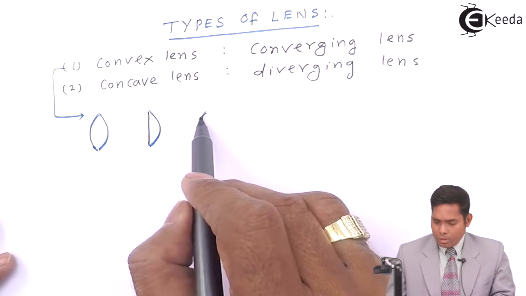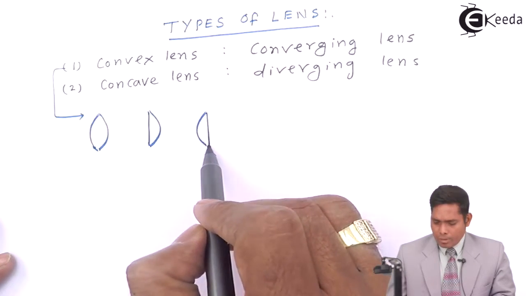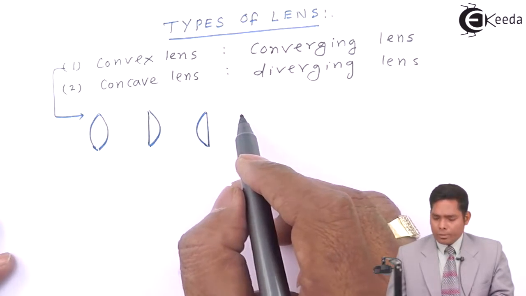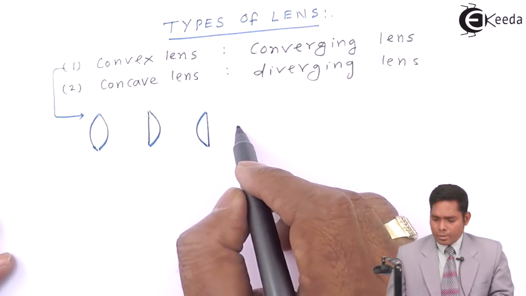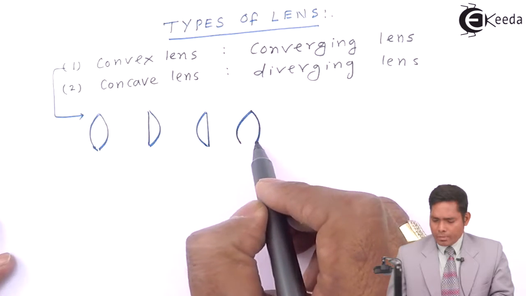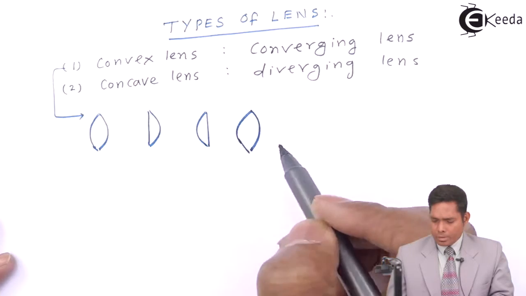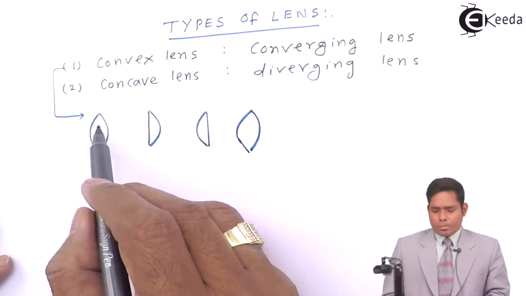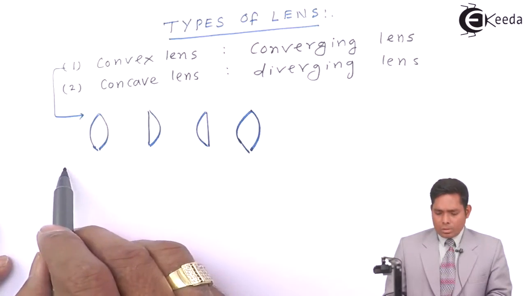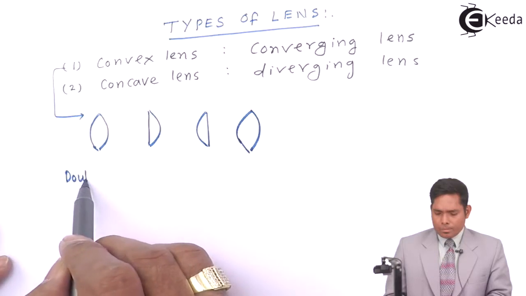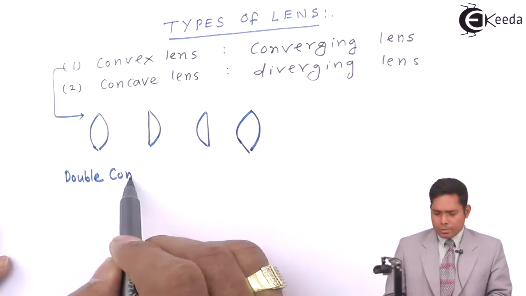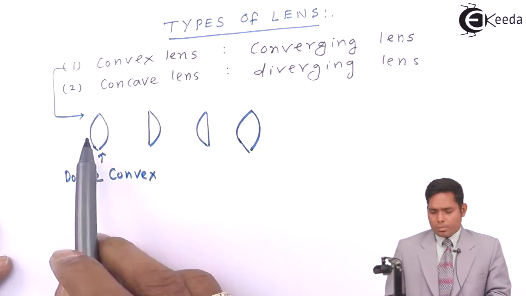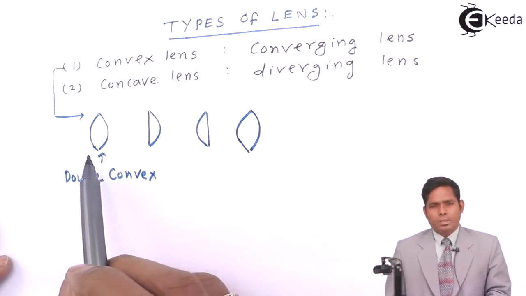I can also have different radii of curvature. Now, the case with both surfaces curved is called double convex. Both sides are convex, both sides are curved.